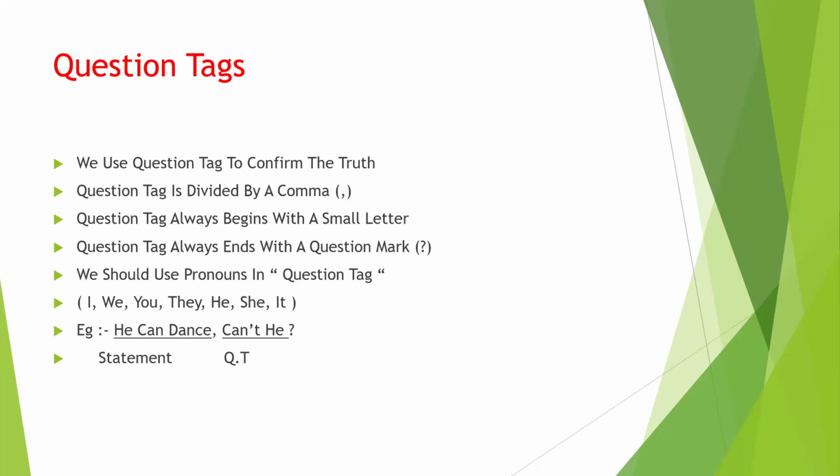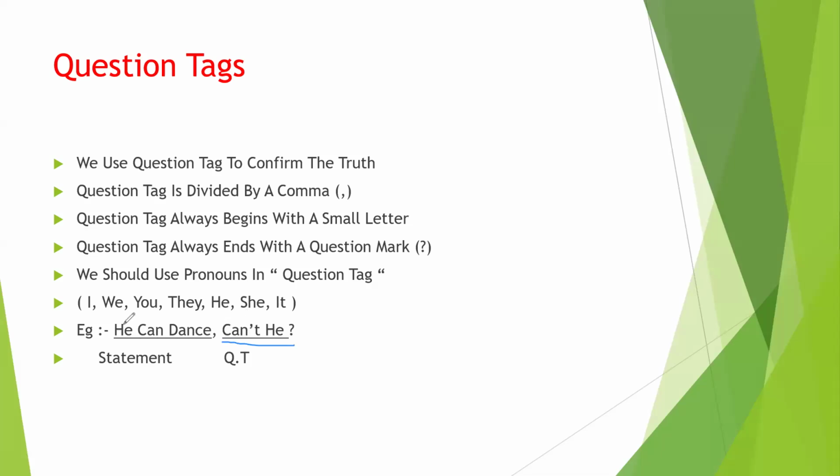Now let's move to the topic. Here, we use the pronouns I, we, you, they, he, she, it. We already know these pronouns. For example, he can dance. You can write the question tag, this is the question tag part: can't he?